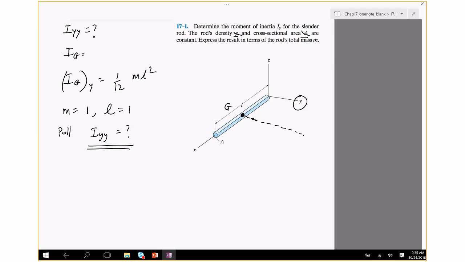Fairly easy. Stop in 30 seconds. Yeah, I'm stopping the poll.